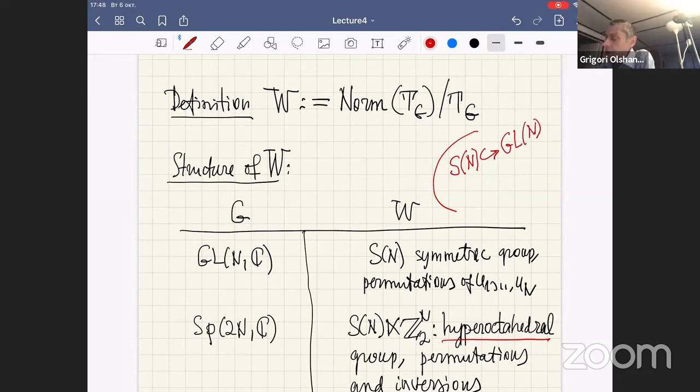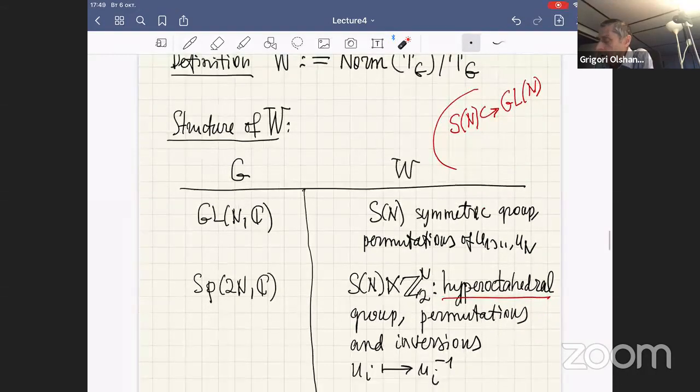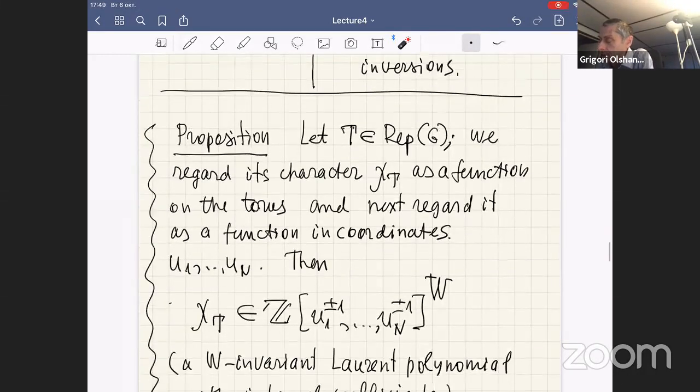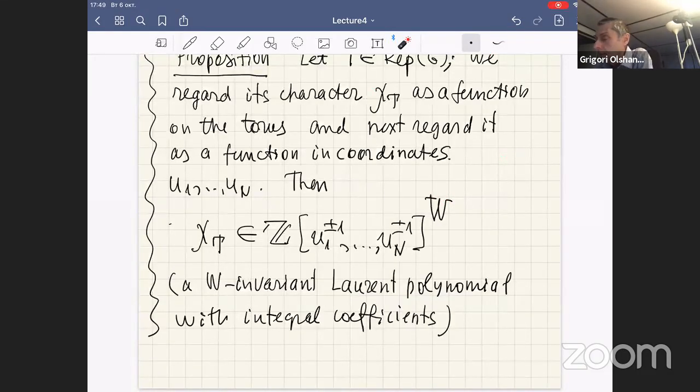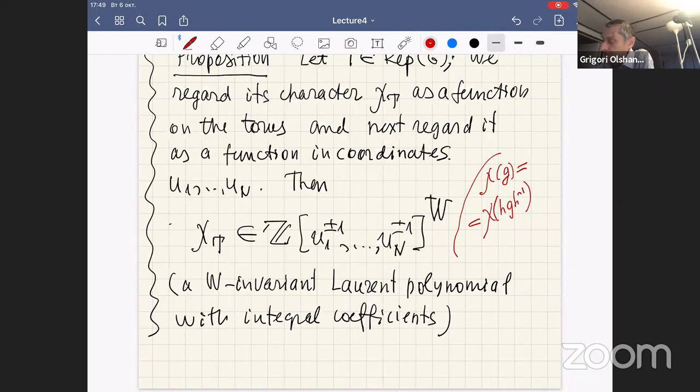But in general, it's not possible. One cannot realize the Weyl group in general as a subgroup of the corresponding complex Lie group, but it's not important, and it still implies this invariance. If you have a character, and we have this relation, we implement the action of an arbitrary element of the Weyl group as conjugation with an appropriate h taken from the normalizer.